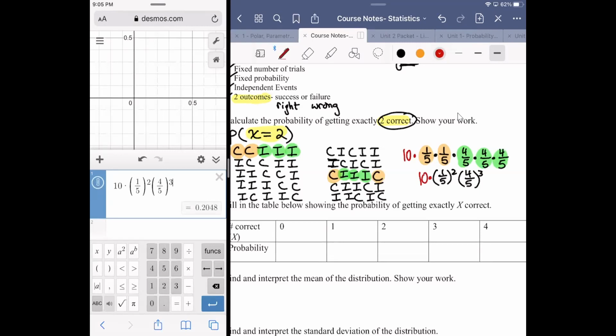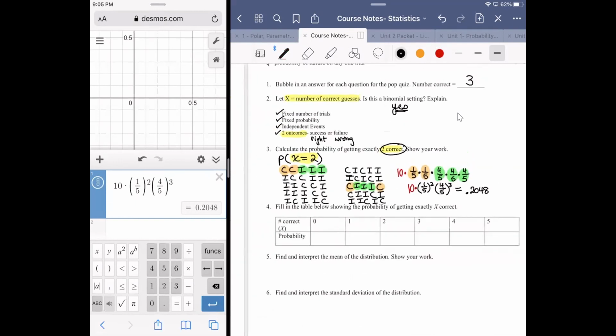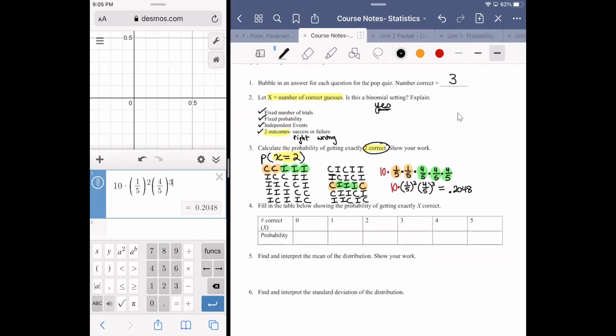So you multiply it all out, whether you're using an ordinary calculator or Desmos, and you'll get the result, which would be 0.2048. So you've got a 20% chance, 21% chance, of getting exactly 2 questions right on a test consisting of 5 questions if you were to just guess.